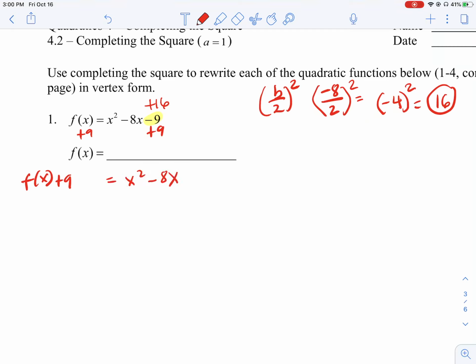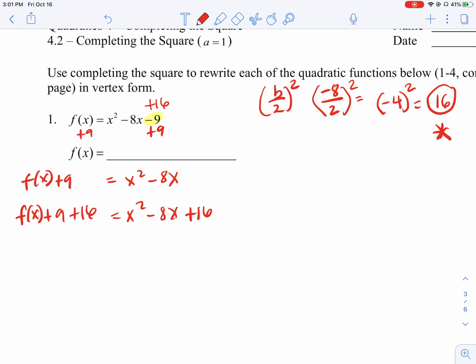Now I don't have the negative 9 in there. Now I can move this 16 into there. Does that make sense? So I'm going to do f of x plus 9, and I'm going to add 16 there. Now I have a perfect square trinomial, correct? Whatever I do to the right, I will do to the left.